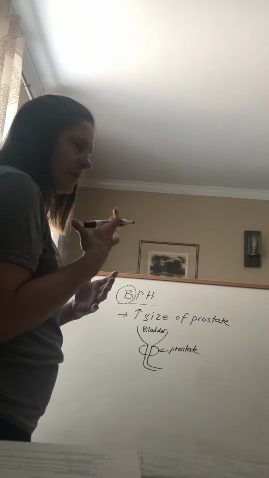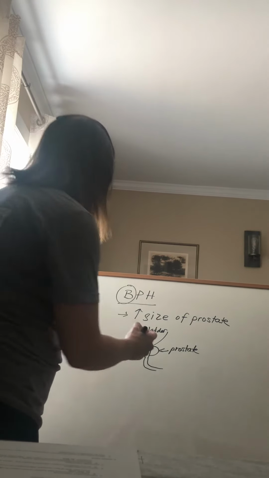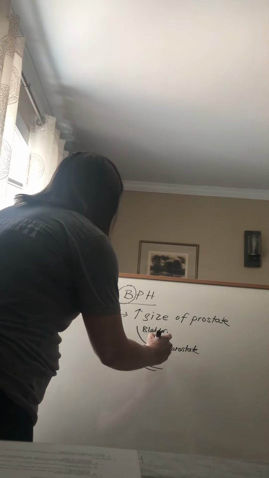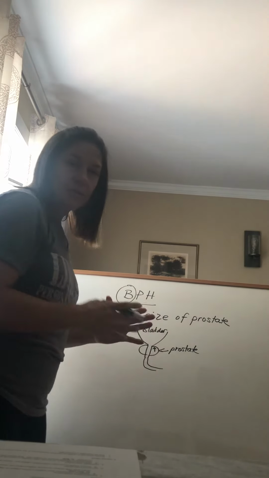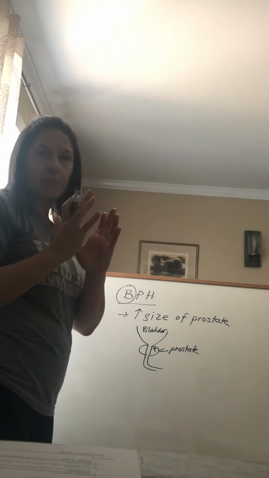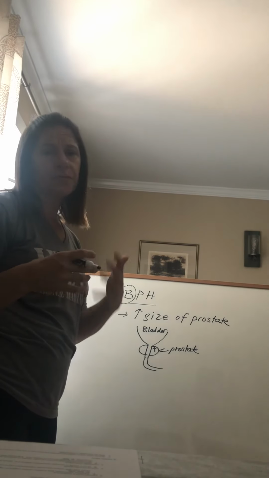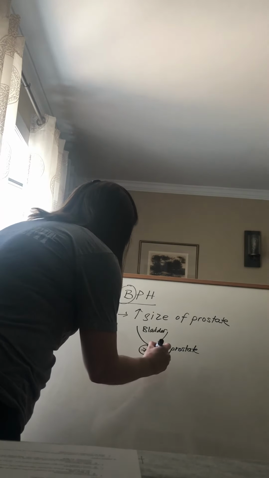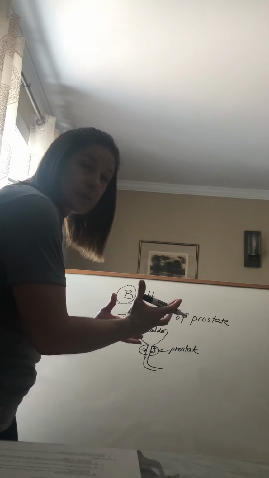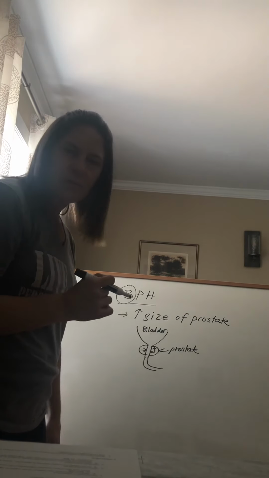So if someone's prostate enlarges, two things are going to happen in terms of symptoms. Number one, if this is swelling, it's going to push up on the bladder. That's going to push pressure onto the bladder wall, so someone's going to feel like they have to urinate fairly frequently. In addition, there's going to be pressure, because remember, this would be in 3 dimensions around the urethra, pushing down on the wall of the urethra as well.